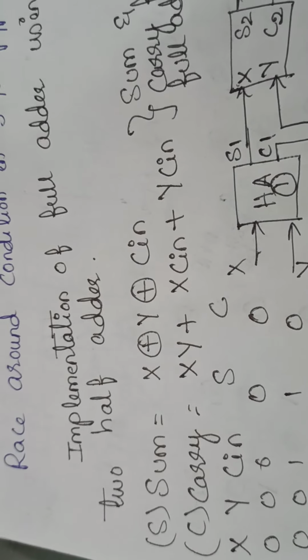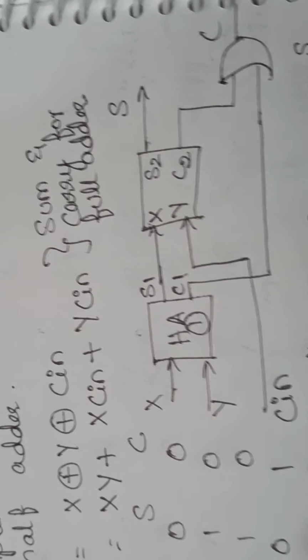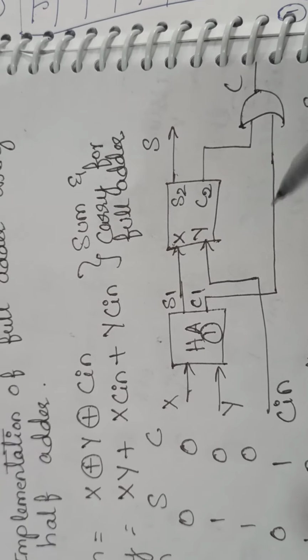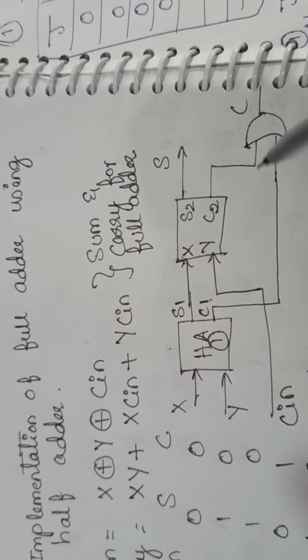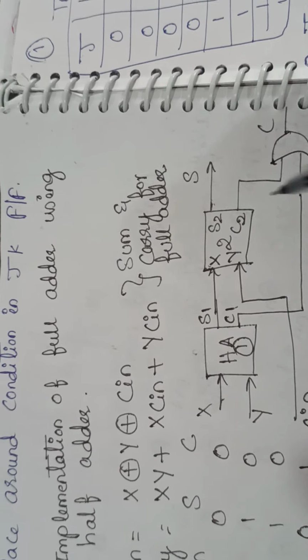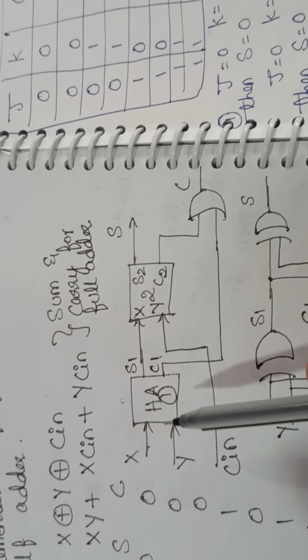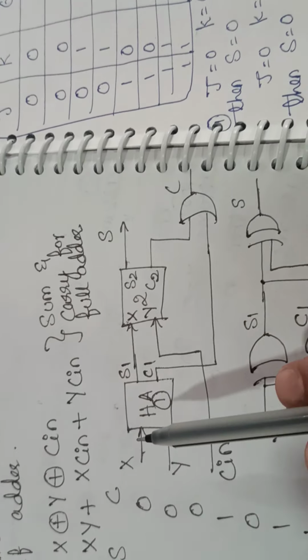See these drawings. First drawing is a block diagram. I am using two half adders. This is the first half adder, and this is the second half adder. The first half adder has got two inputs x and y, and it will generate first sum and first carry.